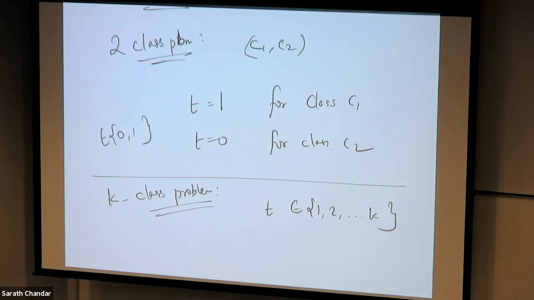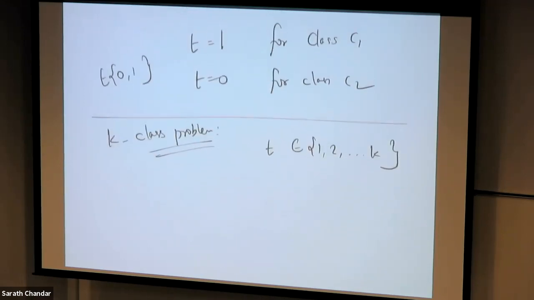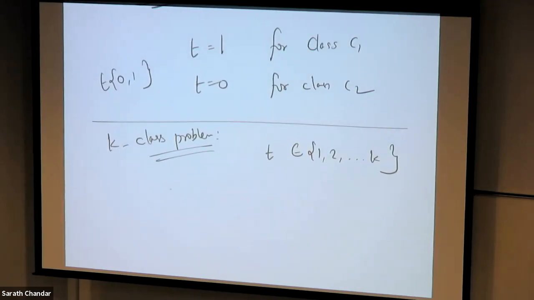Let's say I have 5 classes, and let's just give some names: cat, dog, lion, zebra, tiger. These are the 5 things that I care about. One possibility to convert this into numbers is just to say this is 1, 2, 3, 4, 5, and then try to predict these numbers.